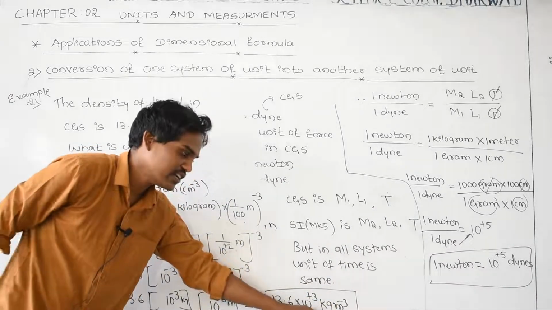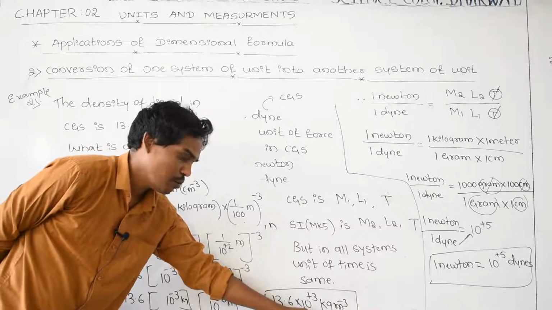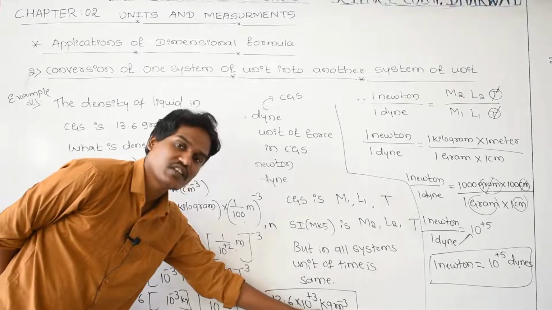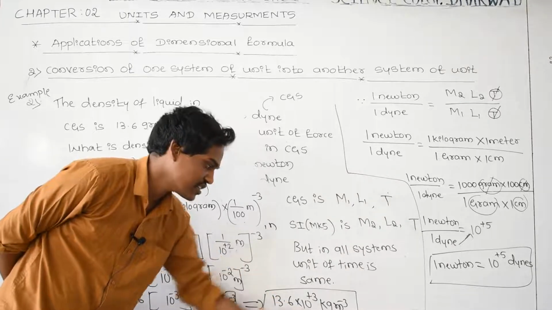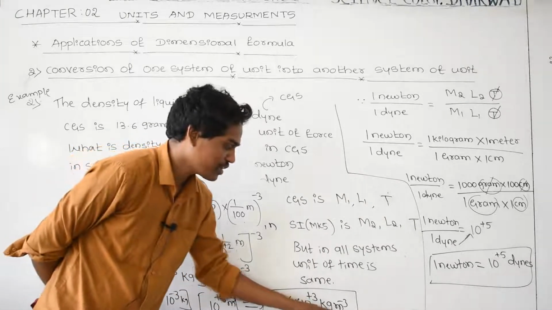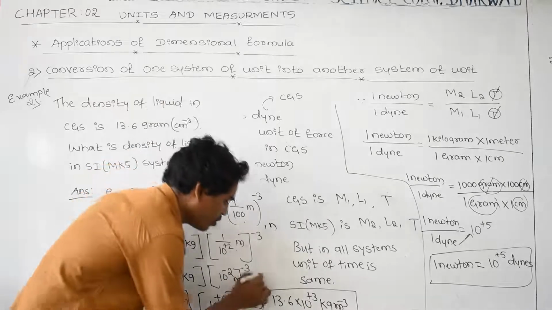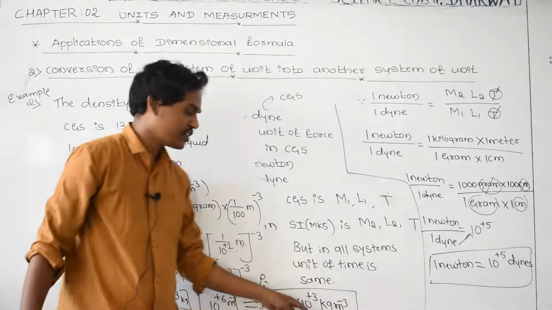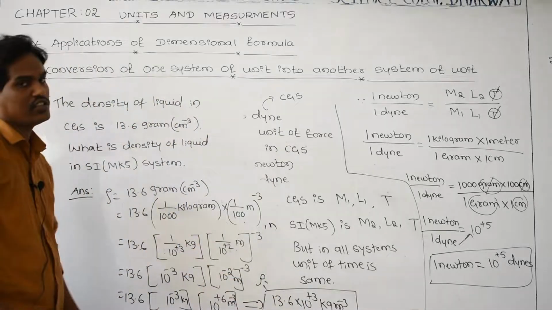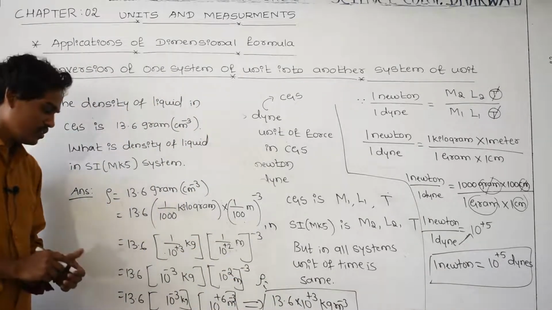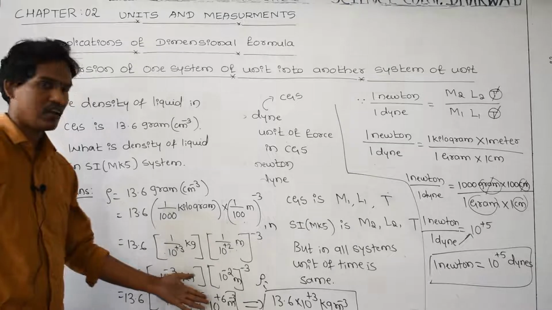Kg is the SI unit of mass, meter cube is the SI unit of volume. So kg per meter cube is the SI unit of density. Therefore, density in terms of the SI system is 13.6 into 10 to the power 3 kg per meter cube. That is what I have done.